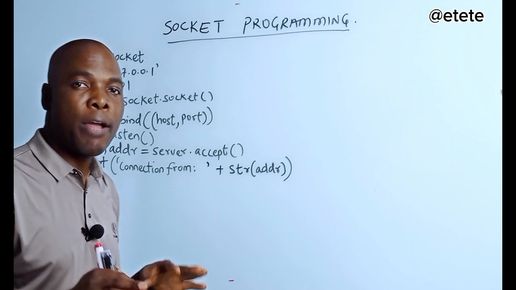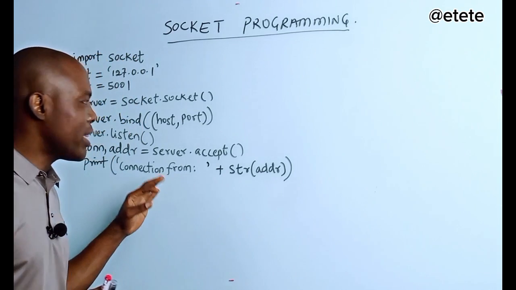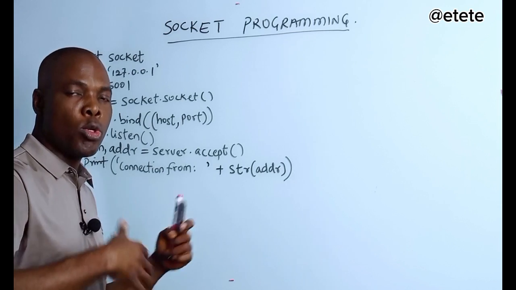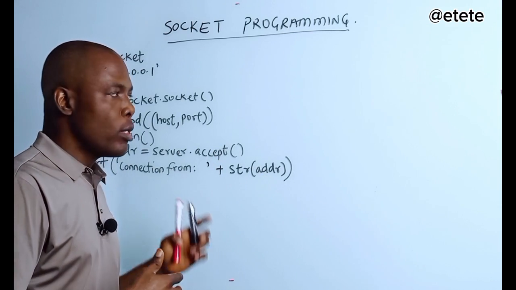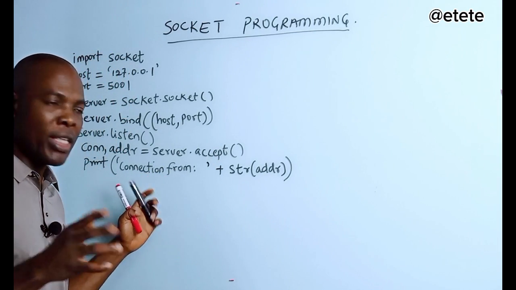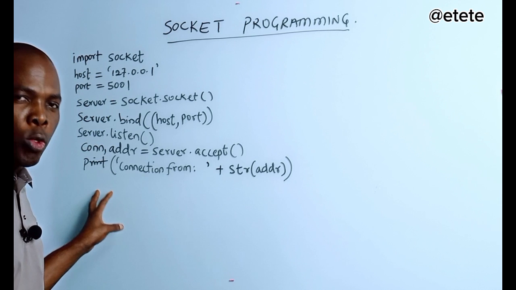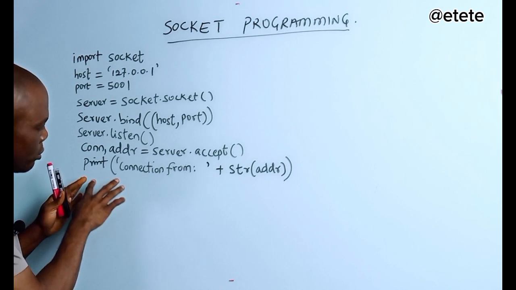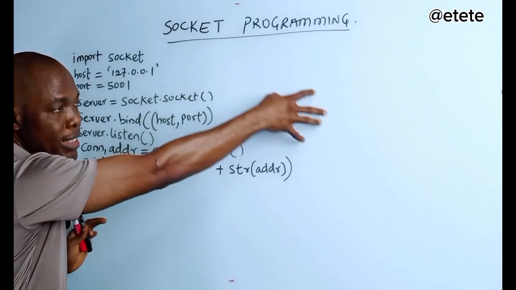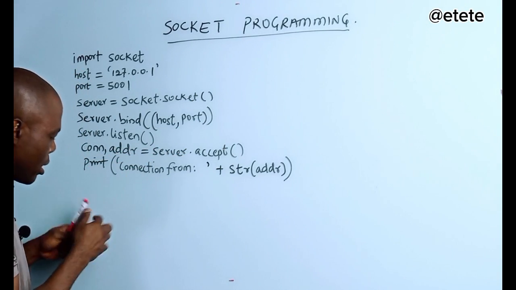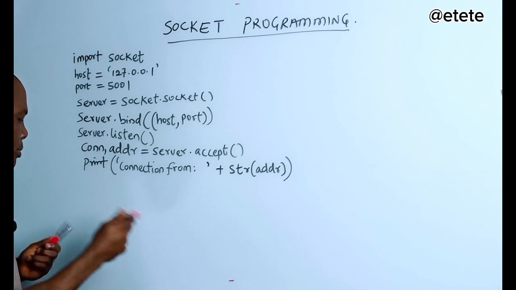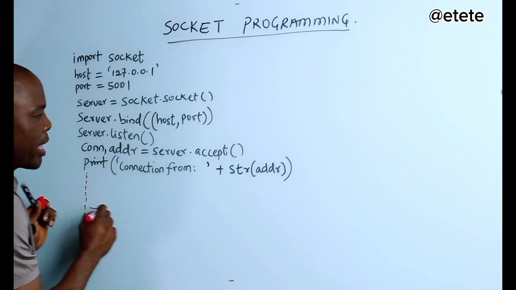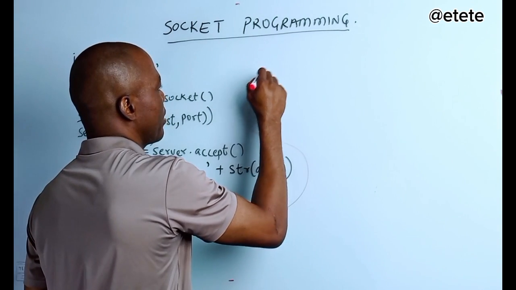Now, today, what I want to show you is what task this server is expected to do. This server is expected to communicate with the client. So for this server to be able to communicate with the client, I am going to create a while loop, right? So what should be under this place is what I want to move here.